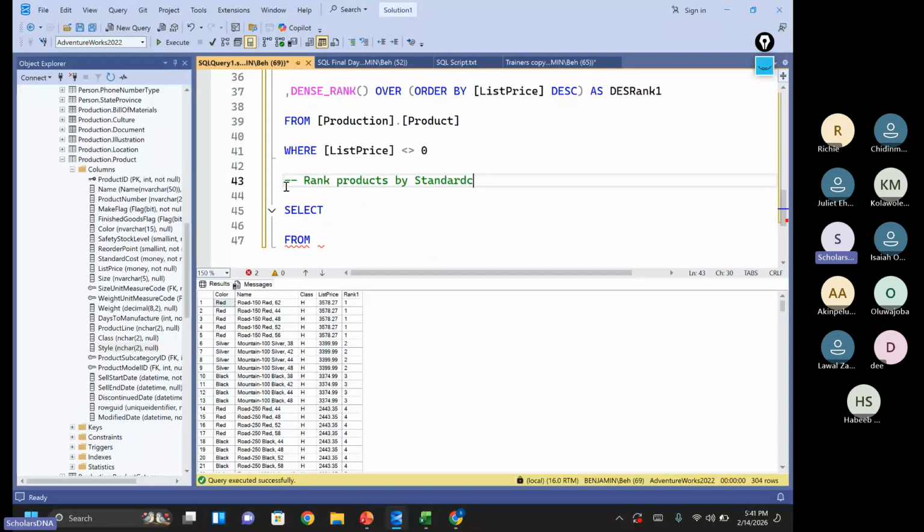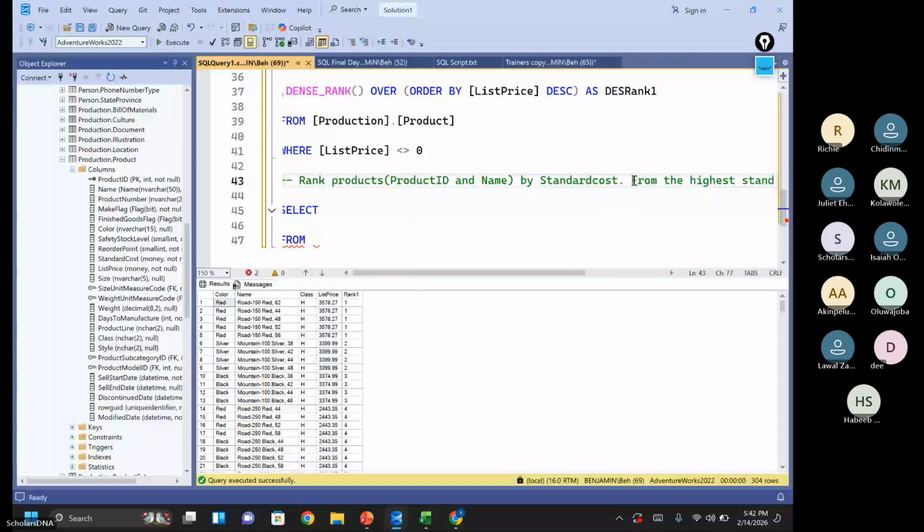Now for the product, what you might need to bring out is the product ID and name, by standard cost. Rank the lists from the highest standard cost to the least. Good.